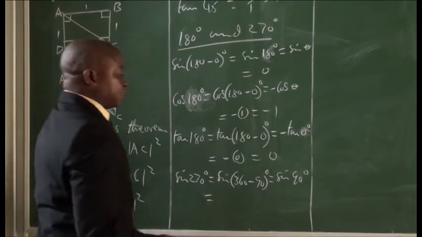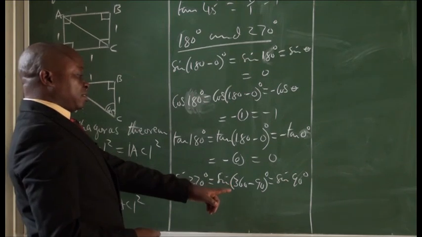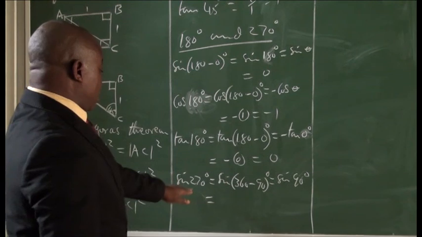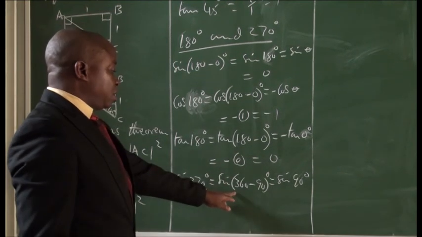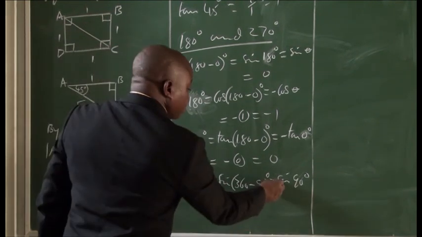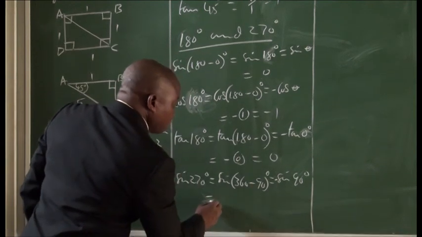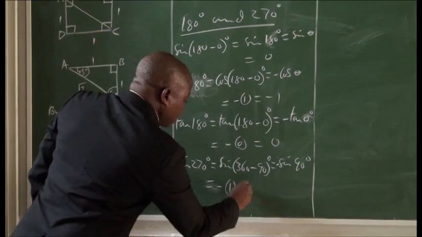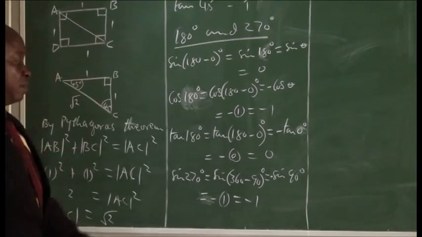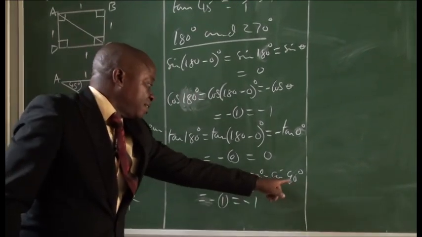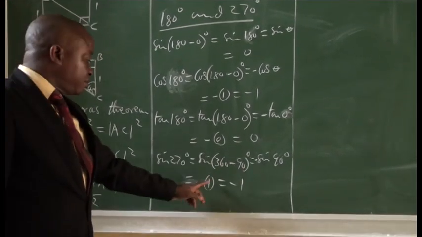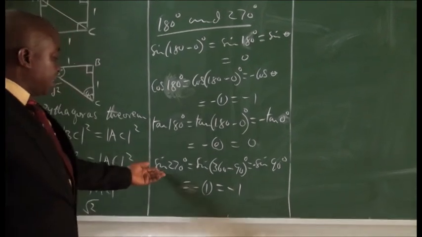And we know that sine 90 degrees is 1. That is in the third quadrant, so this is minus. So this is equal to minus 1, because minus sine 90 degrees, and sine 90 degrees is 1. So we have minus times 1, which is minus 1. That is sine 270.